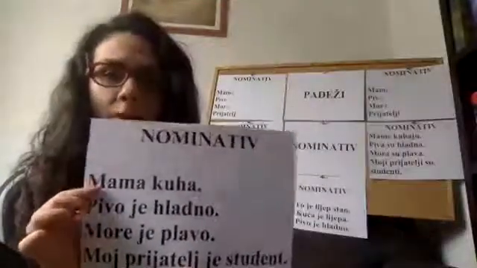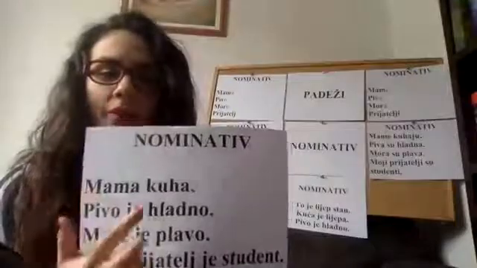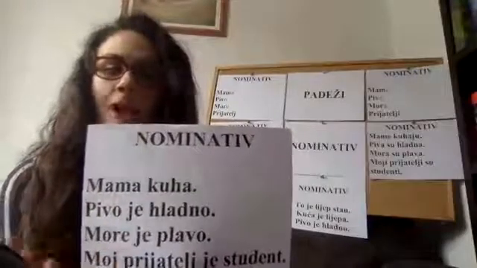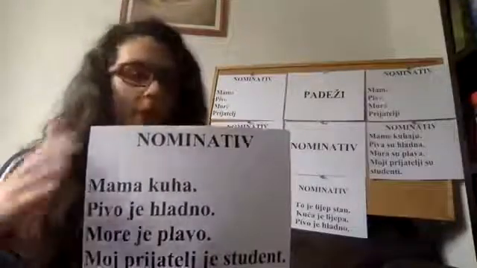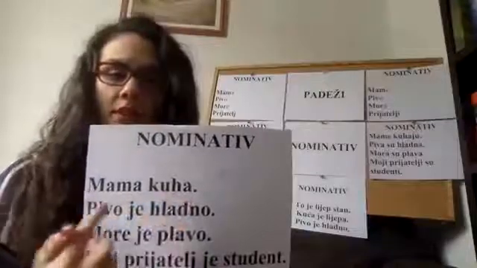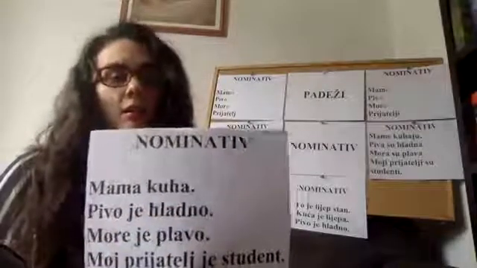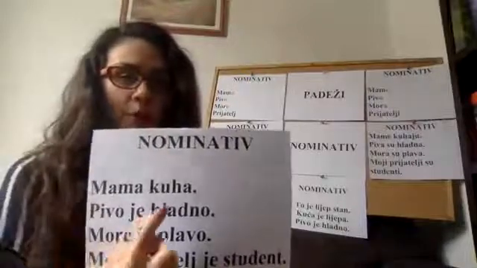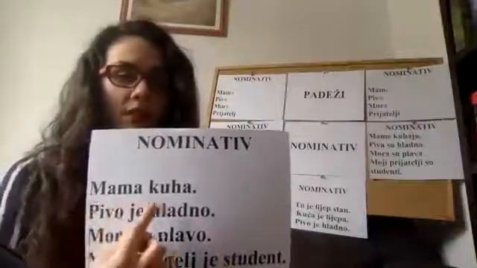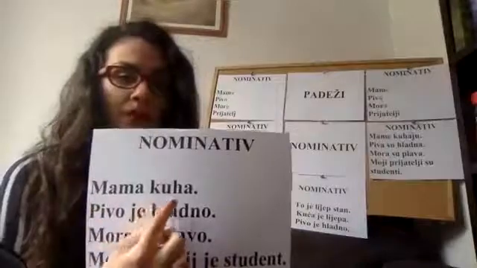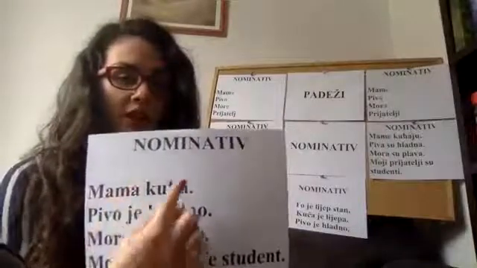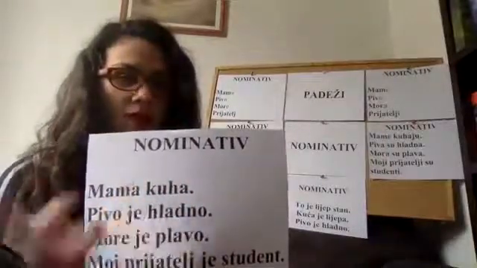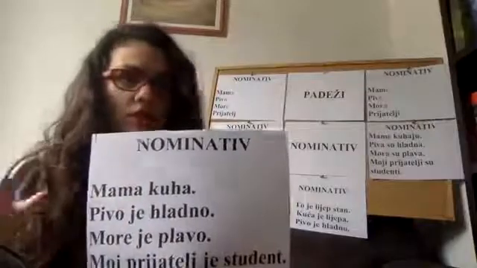Mama, so feminine word mama. Mama kuha. So mom is cooking. Mom cooks. It can be both. Let's also remember the rule that we learned from the first video. We search for the action in the sentence. What is happening in the sentence? Someone is cooking.